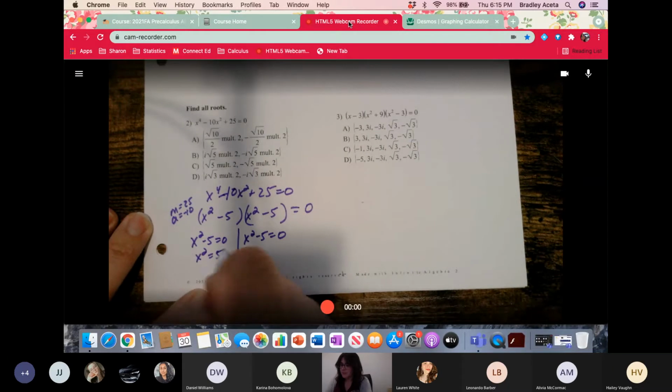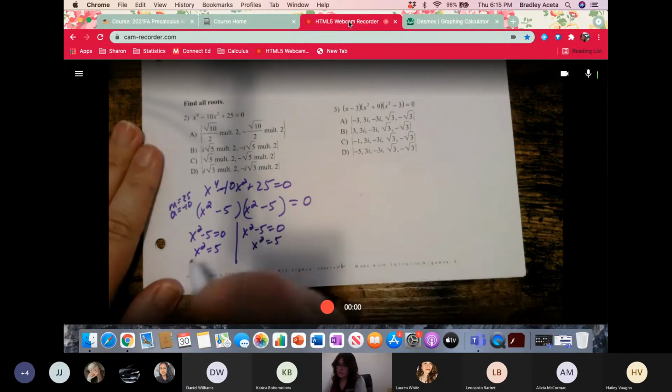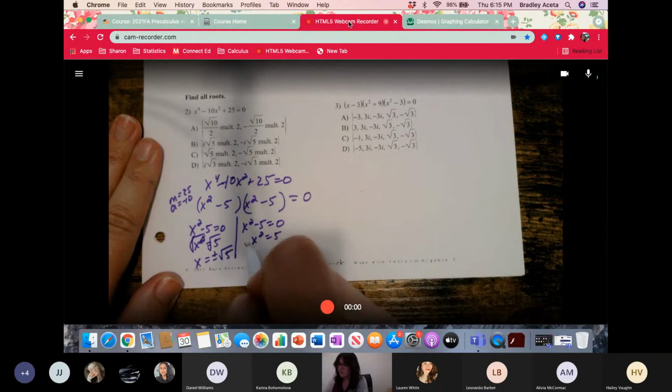X squared equals 5. And then you take a square root. X equals plus or minus square root of 5. Remember, when you take a square root, you need a plus or minus. And x equals another plus or minus square root of 5.